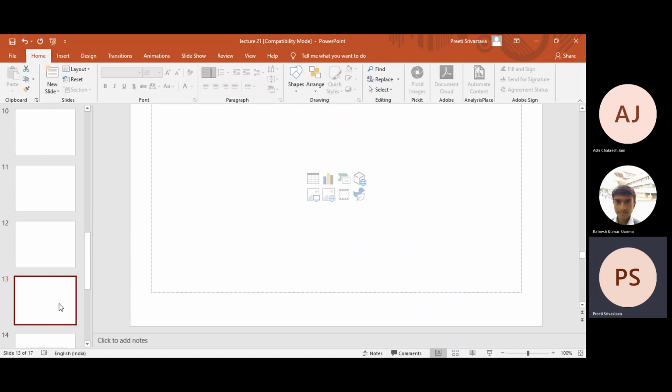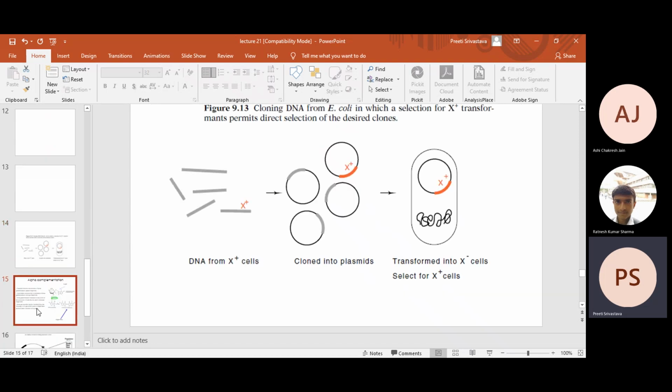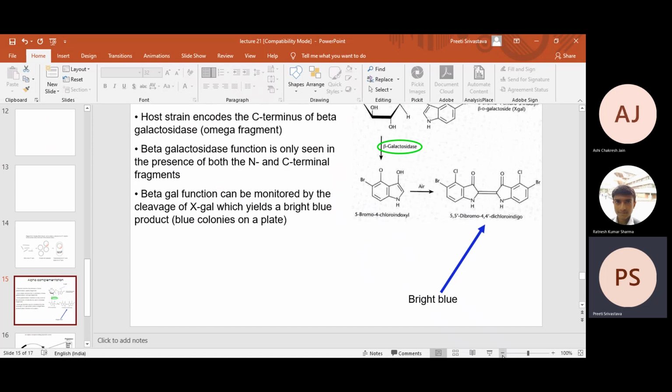Now I'll explain alpha complementation, which Vishantan was asking me the other day.